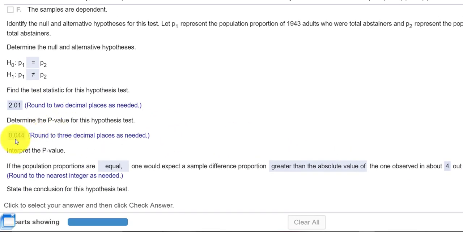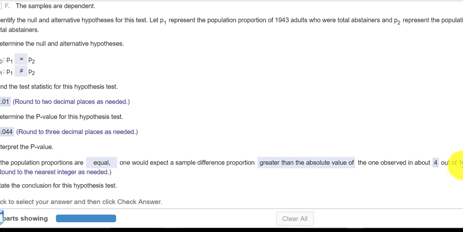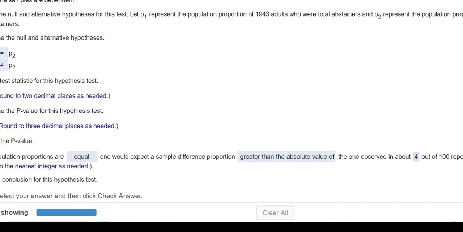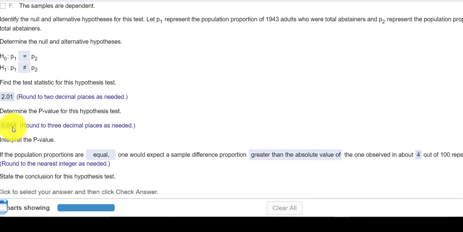Well, if my p-value was 0.044, if you multiply that by 100, basically that's like moving the decimal 2 places to the right, so you end up with 4.4. So I round that to 4, okay? If this was 0.05, I would have put in a 5 here. If this was 0.09, I'd put a 9 here.